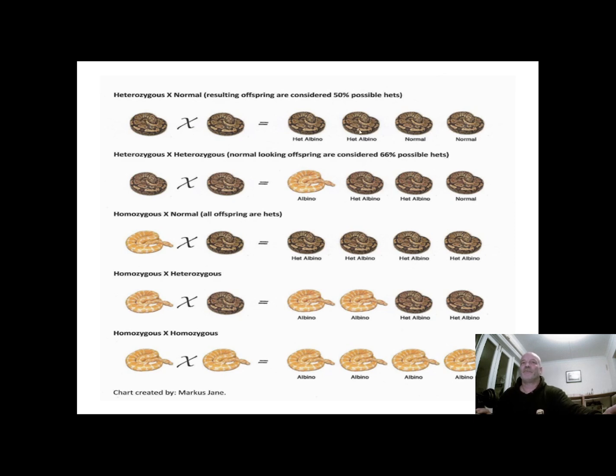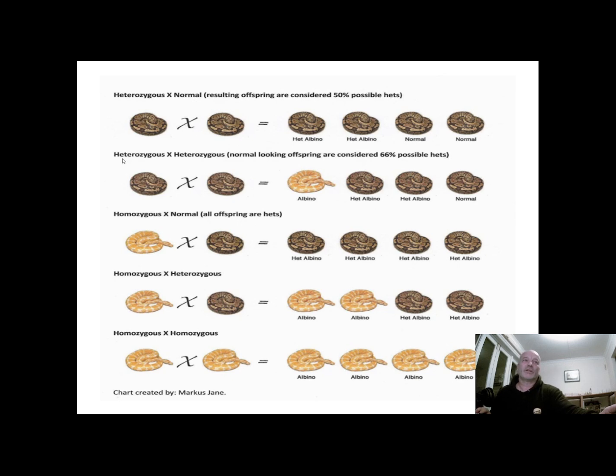So from a 4-egg clutch, you should end up, according to the odds, with 2 hets for the visual, in this case albino, and 2 normals. Sometimes you could have all hets, sometimes you might not have any hets, so it's worth bearing that in mind. But the odds state that you should have, in a 4-egg clutch, 2 het albinos and 2 normals.